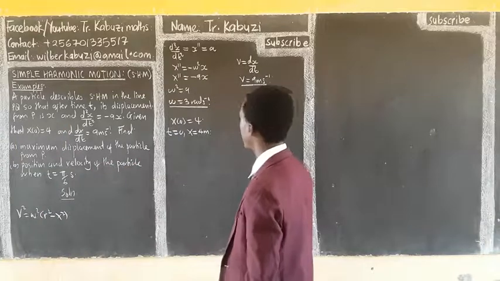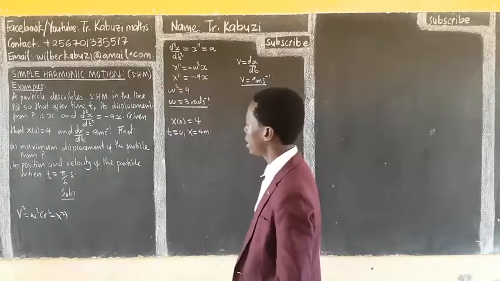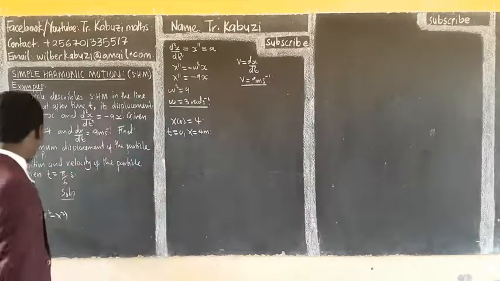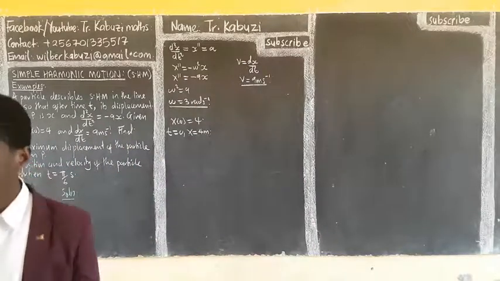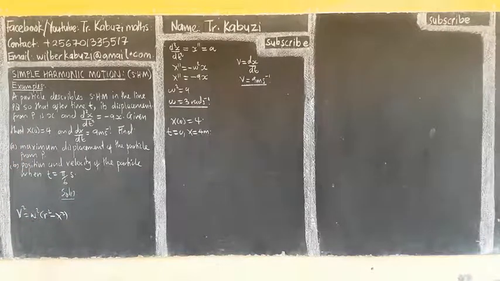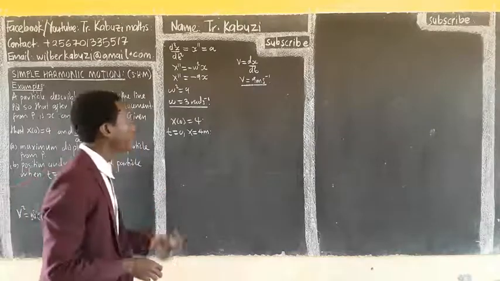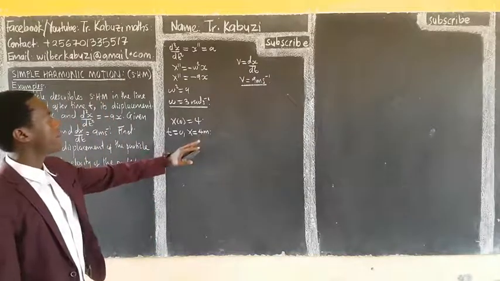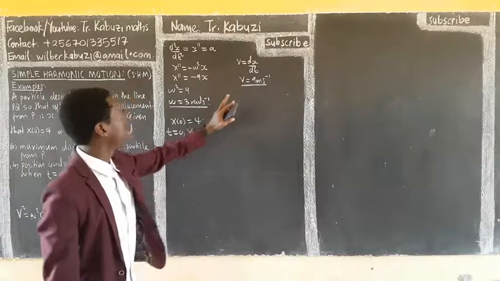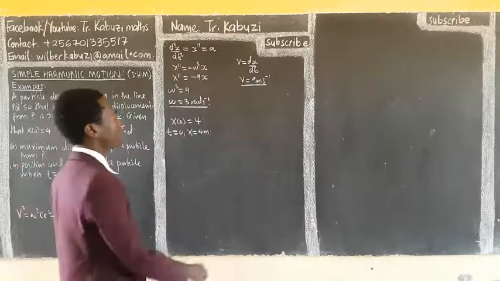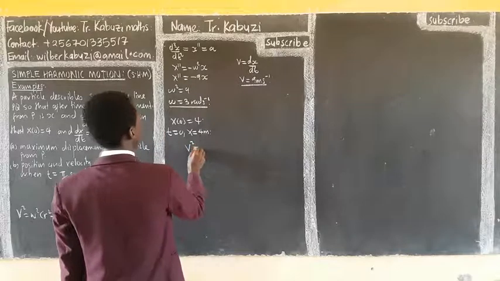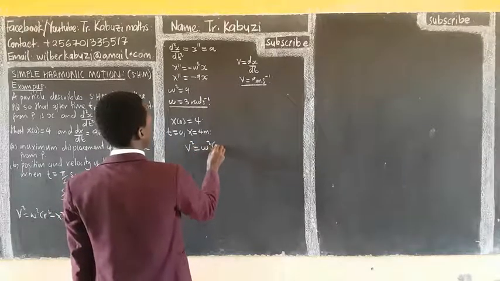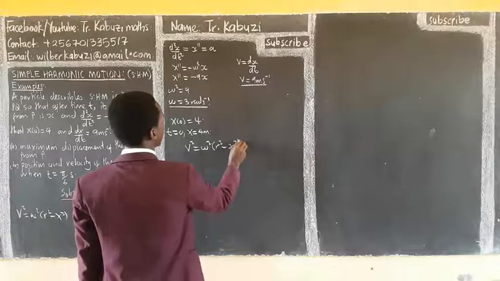As you can see, we have this and we have that. From here, we can simply use v squared equal to omega squared into r squared minus x squared.